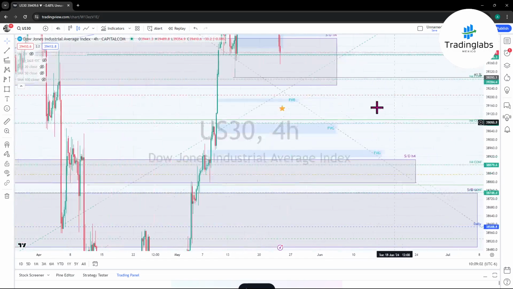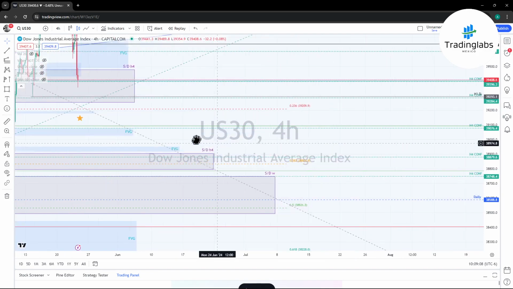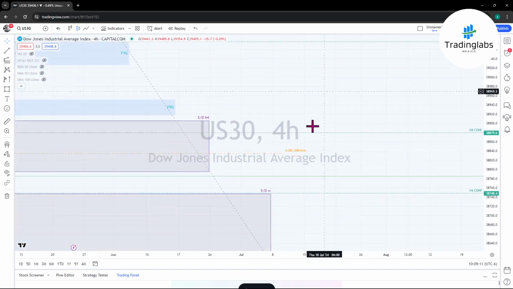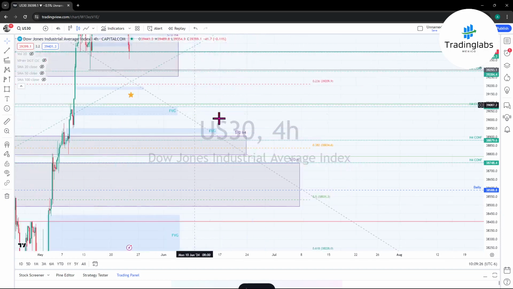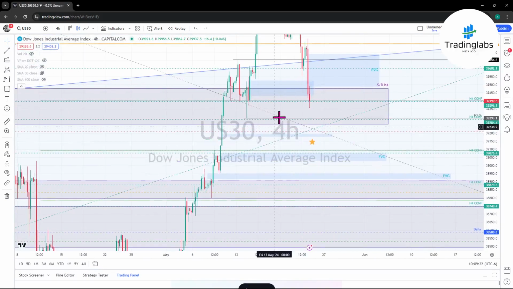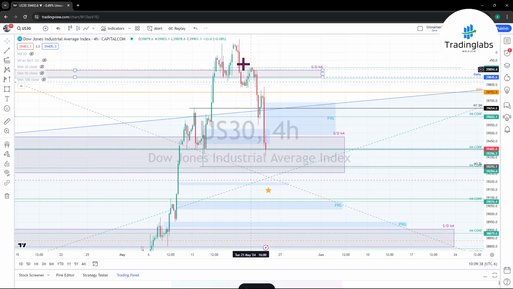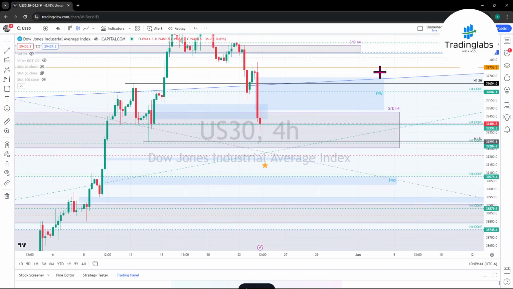So maybe the price will fall down right over here, react to the 0.382, filling this gap, finding support, and from here go up. Maybe, we don't know. That's why it's very important to know gaps. And if it goes up from here, it will fill all the gaps that it left in the drop.